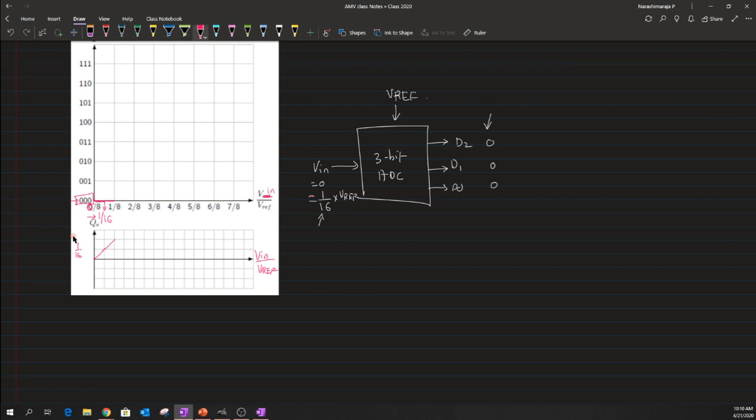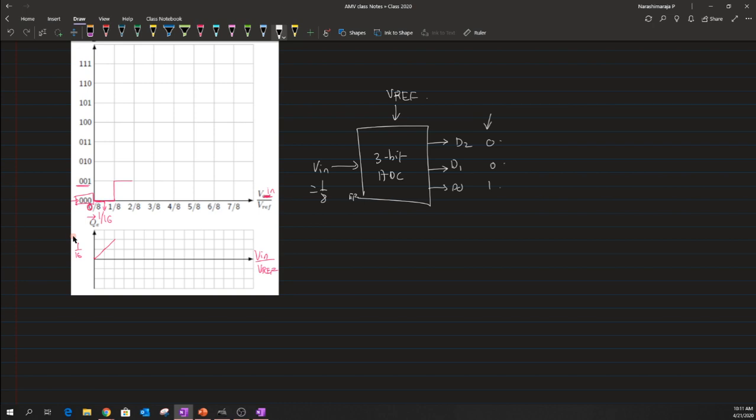The moment I reach this input value of 1 by 8, the output shifts directly from 000 to a new value of 001.